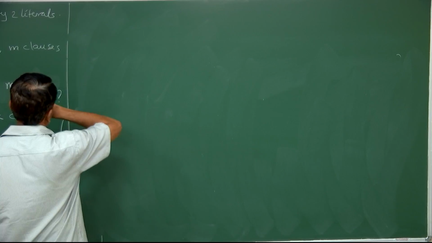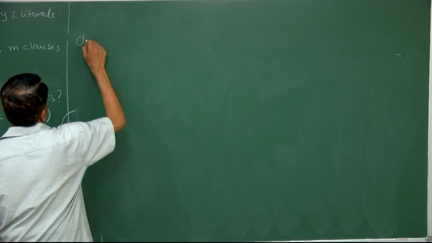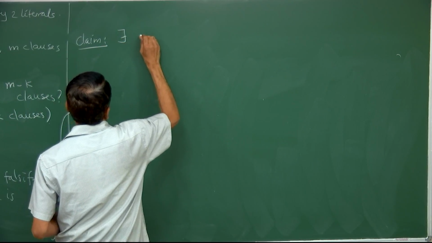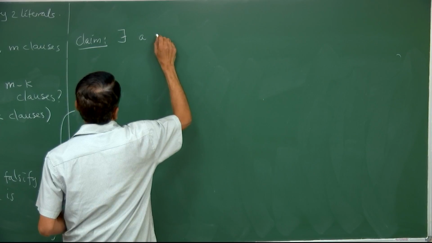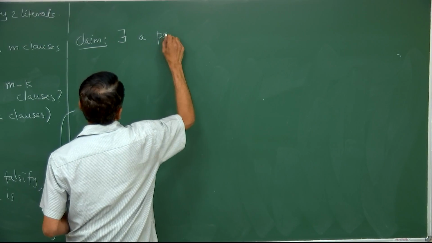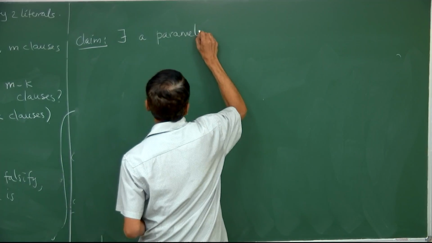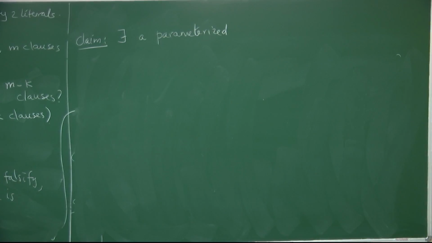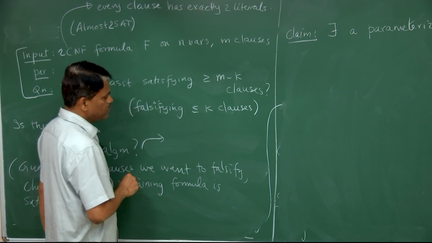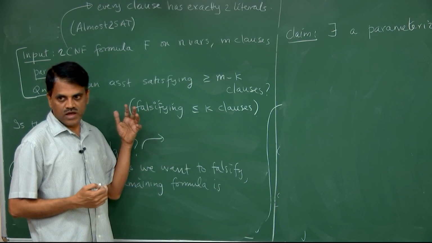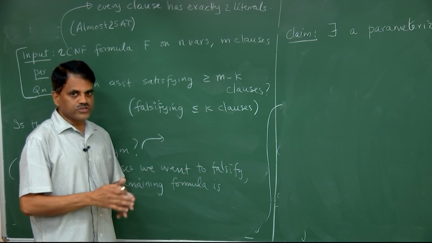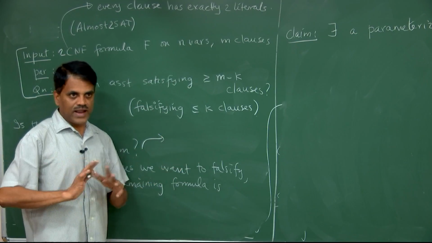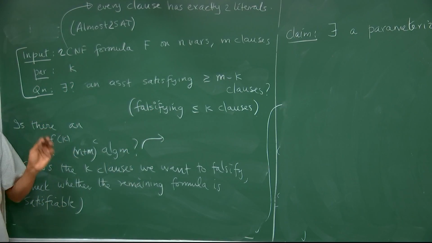There is a parameterized reduction. So, such an algorithm, I might as well use the word FPT, which we have been using, to say a problem is fixed parameter tractable. It also stands for the class of parameterized problems solvable in fixed parameter tractable time, like P stands for all polynomial time solvable problems.